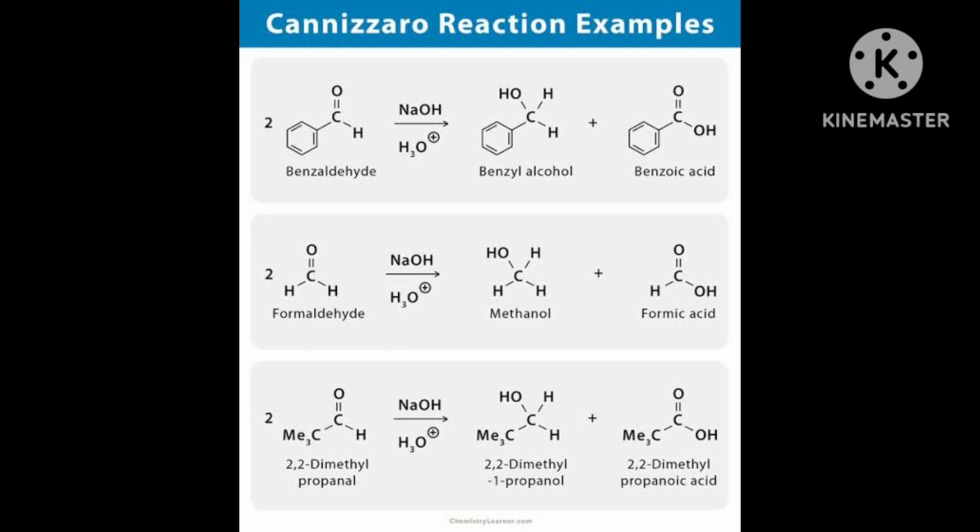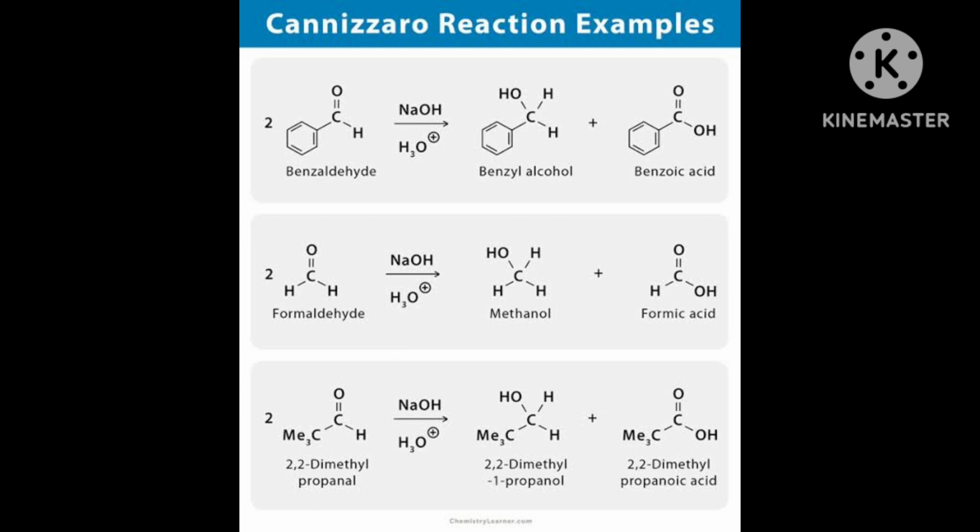But how do we get methanol and potassium formate? For that you have to understand the mechanism. Consider that two formaldehyde molecules are close to each other, and the 2H of the second formaldehyde is close to the oxygen of the first formaldehyde.